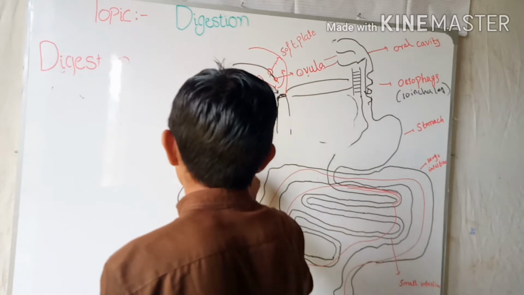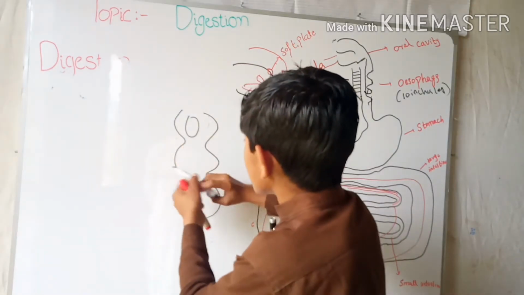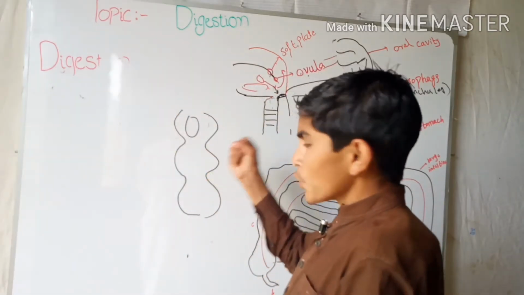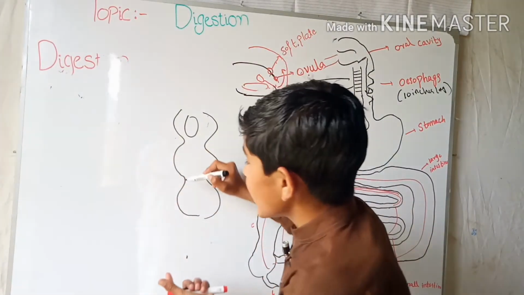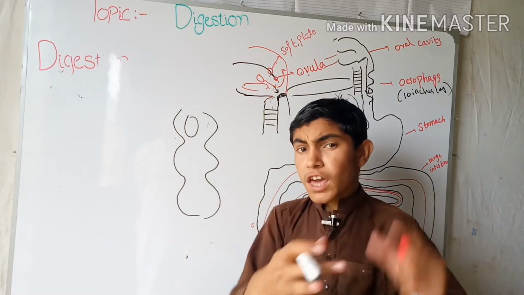The food comes here, so the esophagus contracts in order to push the food forward. It contracts and then releases, then contracts and then releases, and this way the food passes through the esophagus.